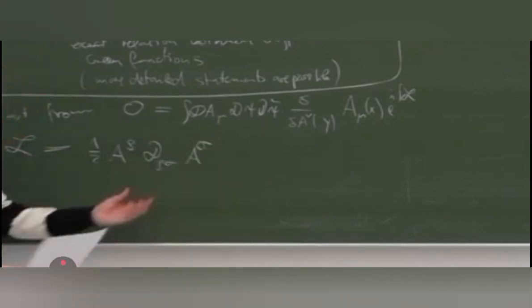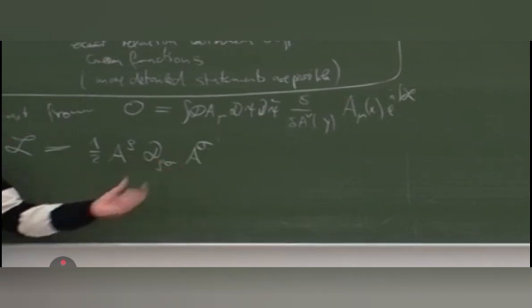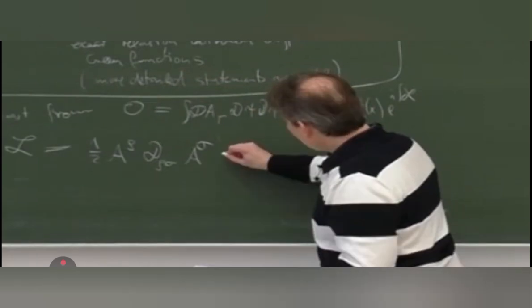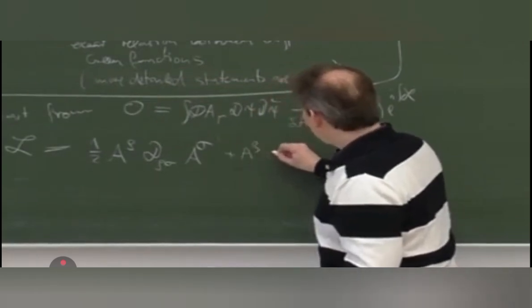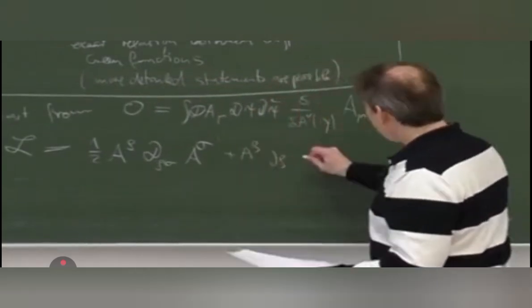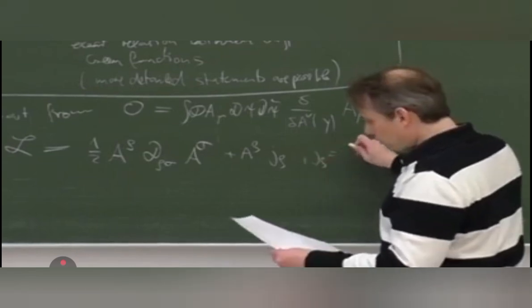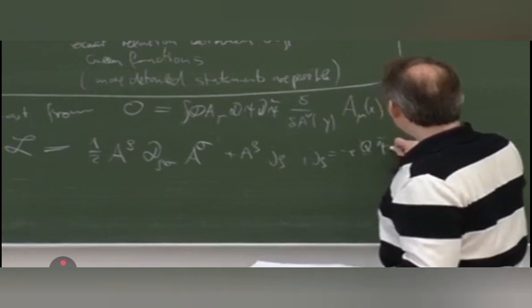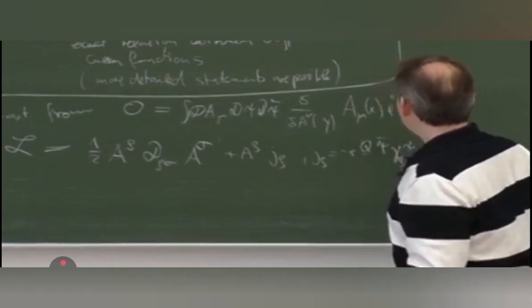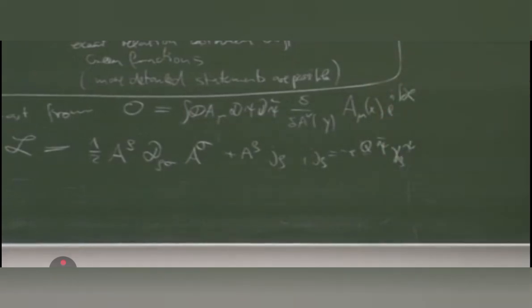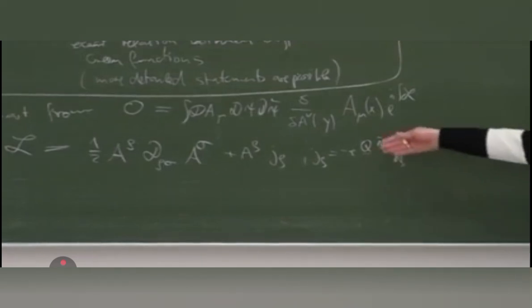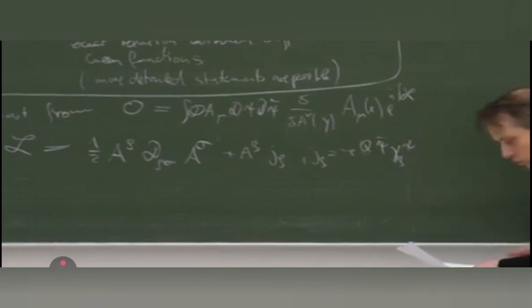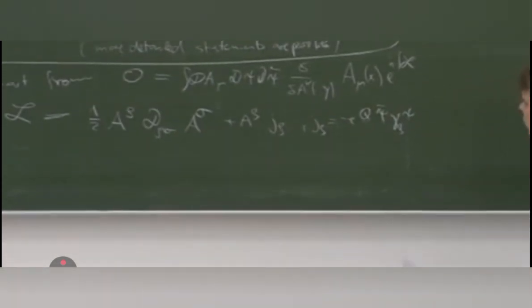So this is the free part of the photon Lagrangian, plus A_rho times j^rho, where j^rho is this, minus e q psi-bar gamma^rho psi. So this is the current the photon couples to, and the Lagrangian also contains the free part for the electron, but let's ignore that, we don't need it for this derivation.